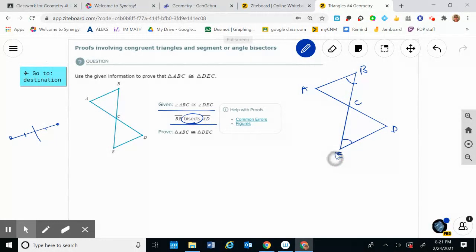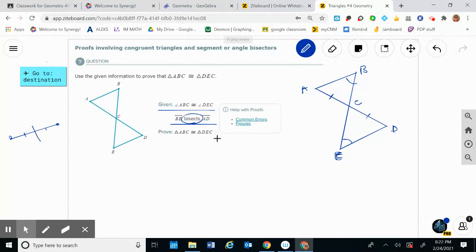BE bisects AD. That means it cuts AD into two equal pieces. It doesn't say that BE is bisected. It says BE is cutting. Sect means to cut, like sections. You're cutting things into sections.